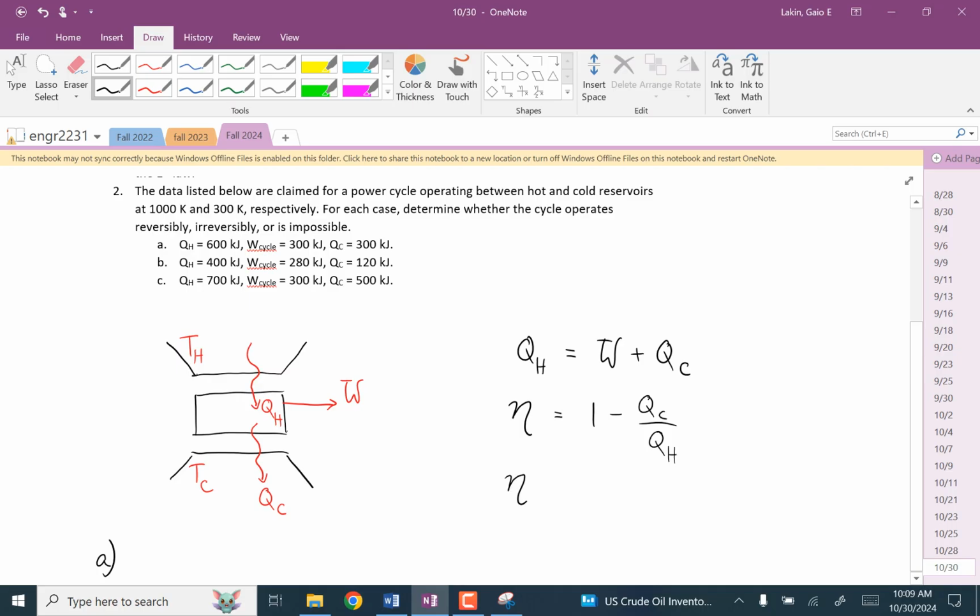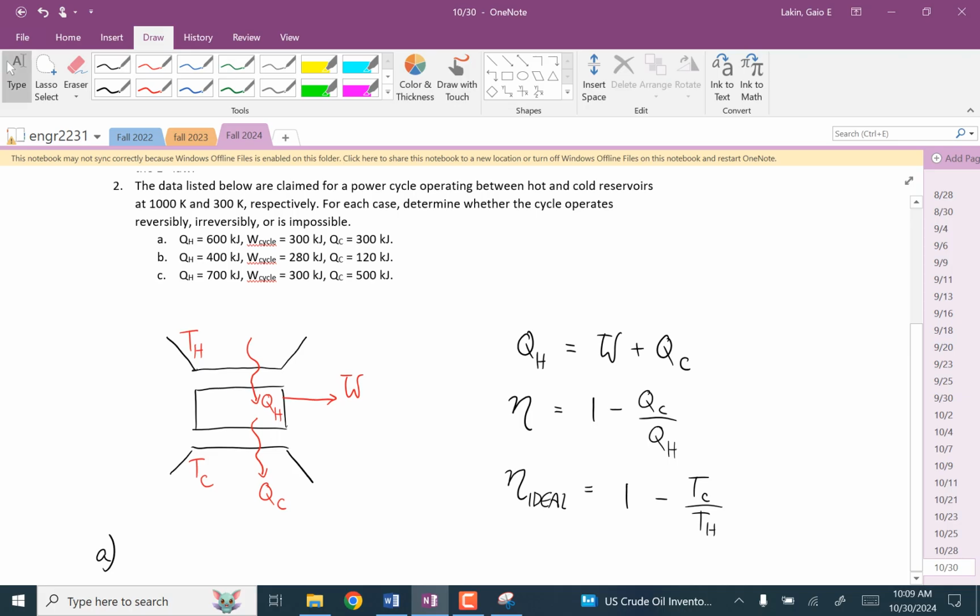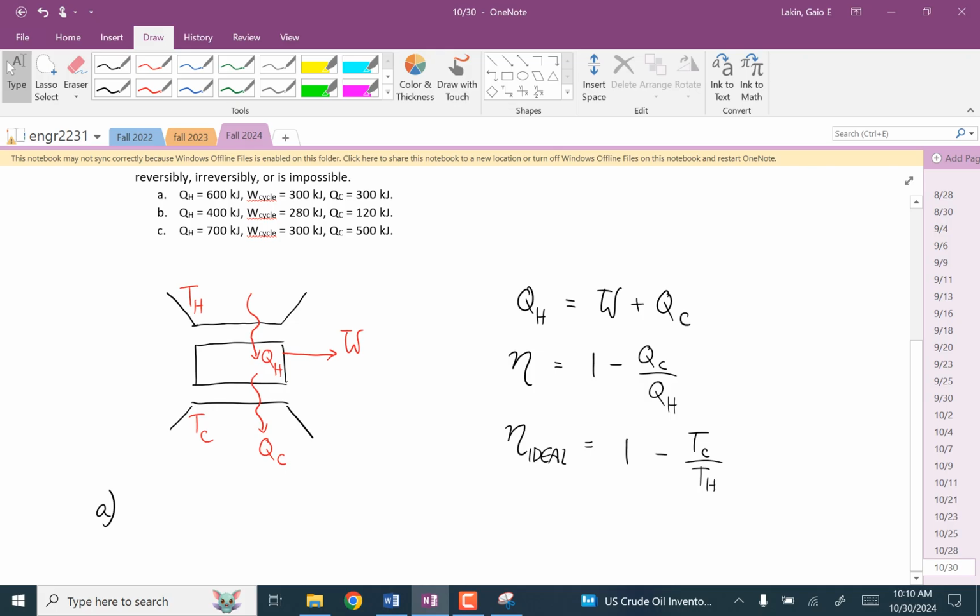And the ideal efficiency, if this cycle is reversible, is 1 minus TC over TH. So I think this problem is just a matter of calculating these things and comparing the efficiency to the ideal efficiency.